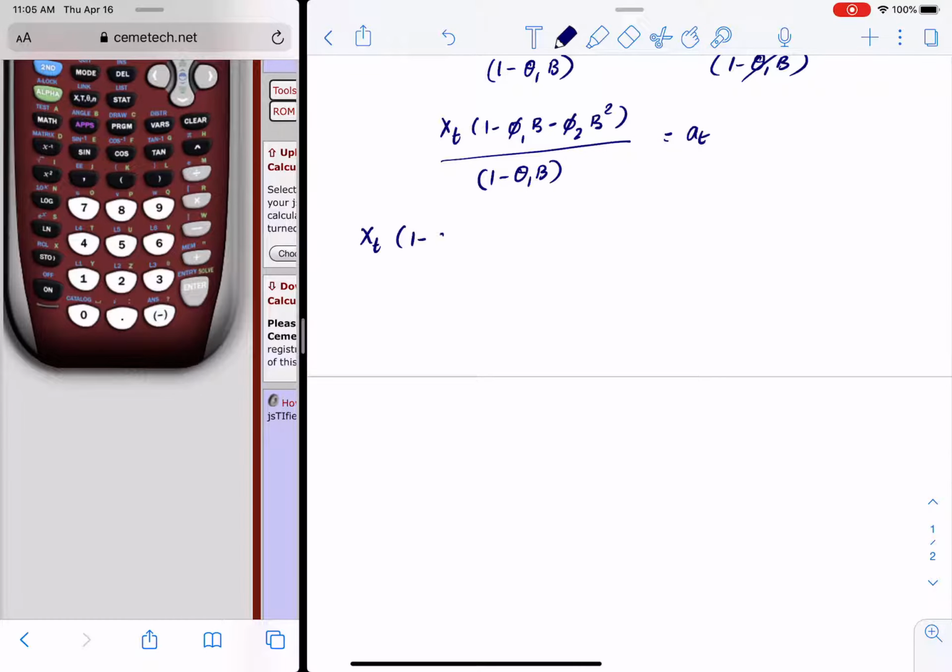So (1 minus phi1 s minus phi2 s squared) divided by (1 minus theta1 s) times x_t equals a_t.